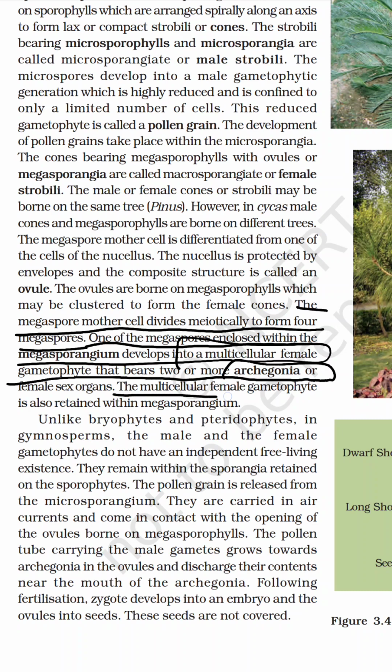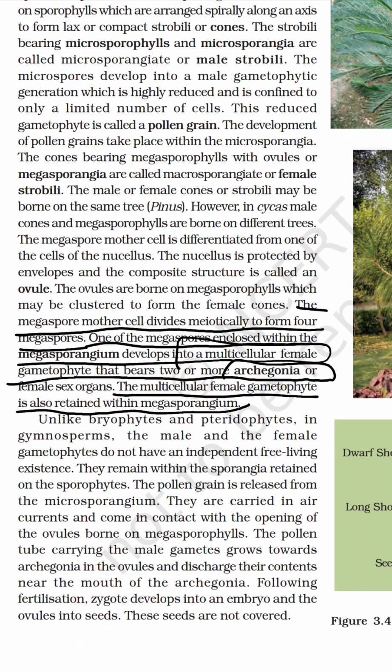The female gametophyte is retained within the sporangium. Unlike bryophytes and pteridophytes, in gymnosperms the male and female gametophytes do not have an independent free-living existence. They remain within the sporangium, retained on the sporophyte.